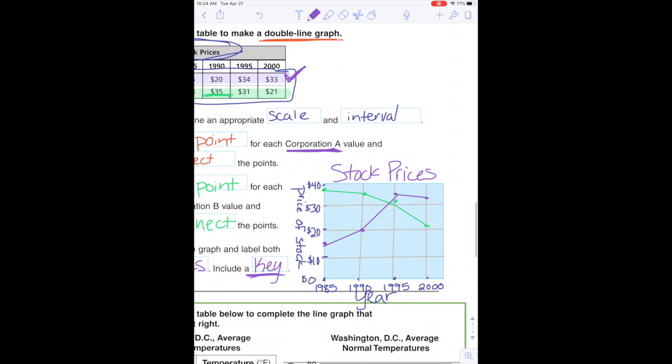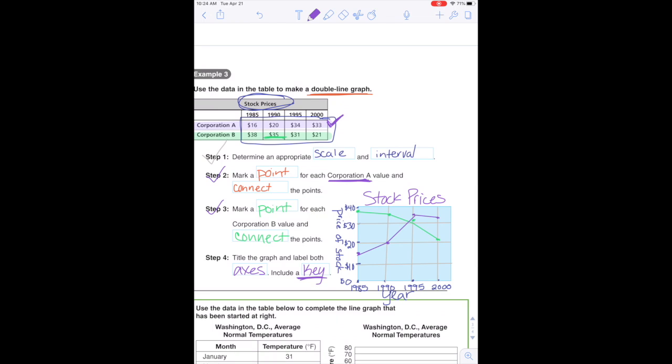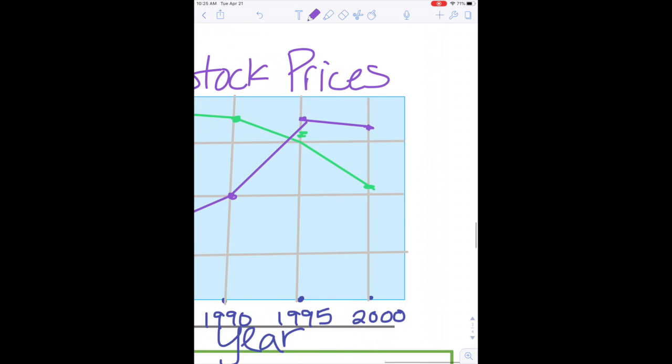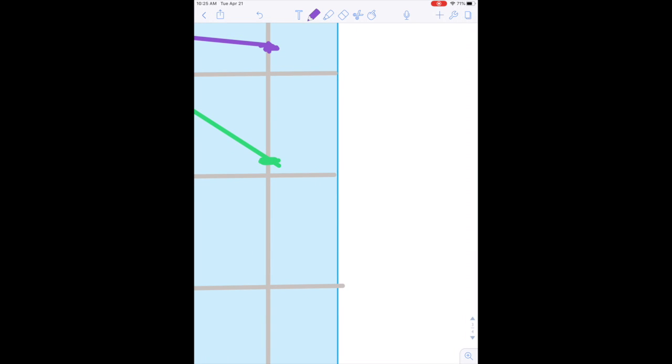And then our key, what it wants to know for our key is that we have the 2 different lines. So we need to make sure that we say what each line is for. So remember, oh, sorry, my dog needs to go out. So we're going to wrap this up and let him out.